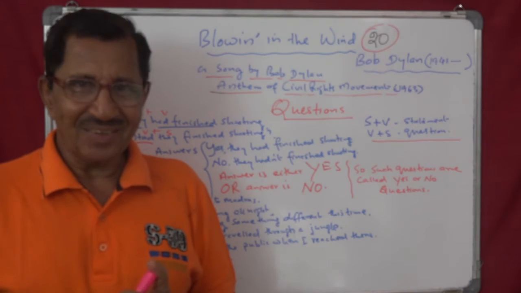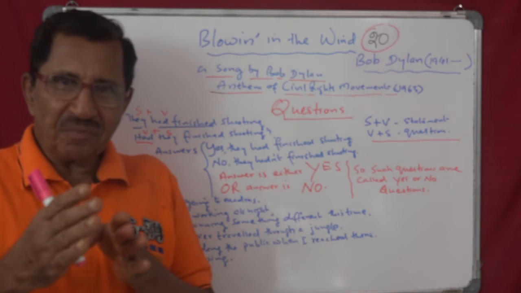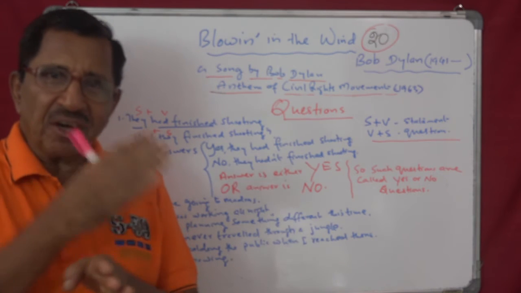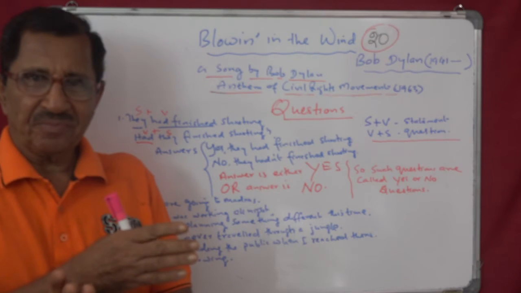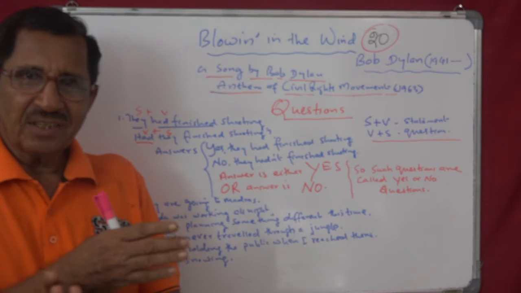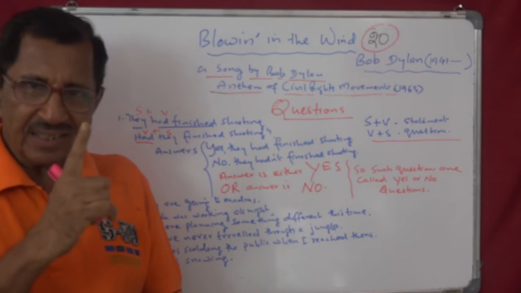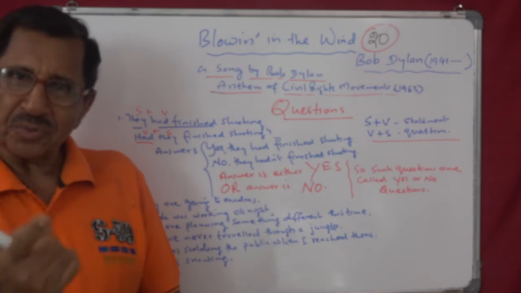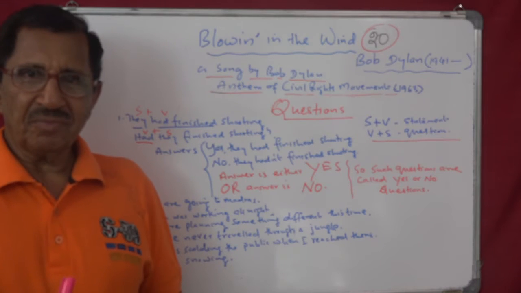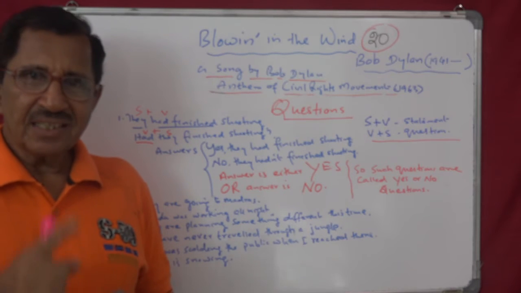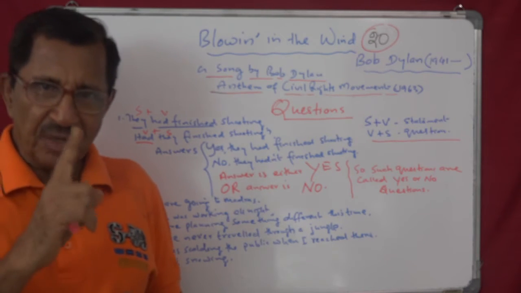Simple. So you move the verb to the front of the sentence. That means the verb becomes one and the subject becomes two. But in statements, it is subject one, verb two.